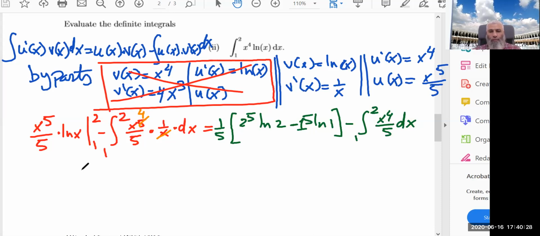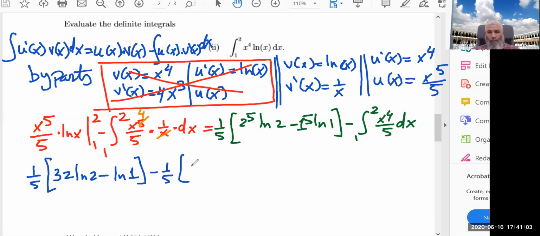So now we have 1 over 5, 2 power 5 is 32, ln 2 minus 1 ln 1, which is ln 1. Minus, we can take the 1 over 5 out.